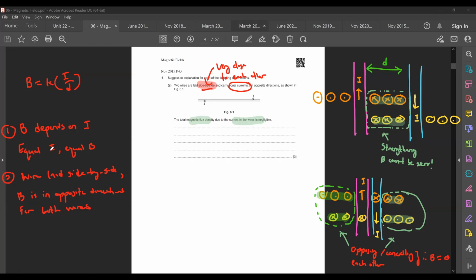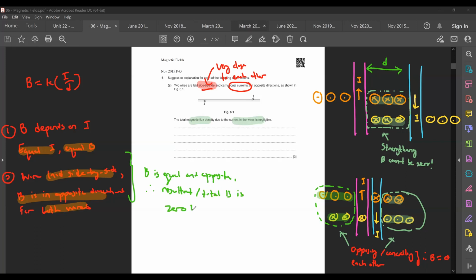Because you have equal current, you have equal B. And then because the wires are laid side by side, B will be in opposite directions for both wires. So as a conclusion of this, you will say that B is equal and opposite. Therefore, resultant B or total B is 0.